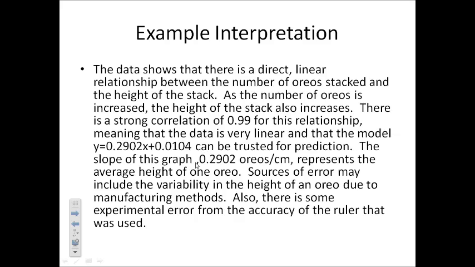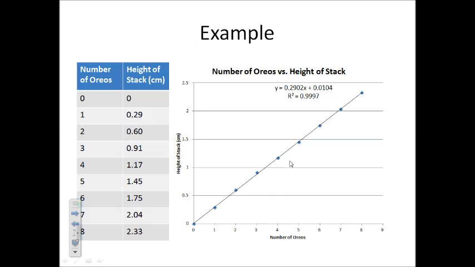All right, so the slope of this graph is 0.2902 centimeters per Oreo. So how do I get centimeters per Oreo? Remember, it's rise over run, okay? So rise over run. My rise here is going to be the height of the stack. My run here is going to be the number of Oreos. So height in centimeters over Oreos.